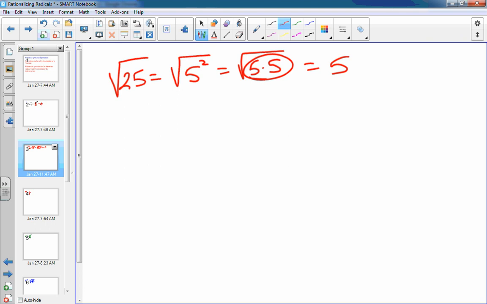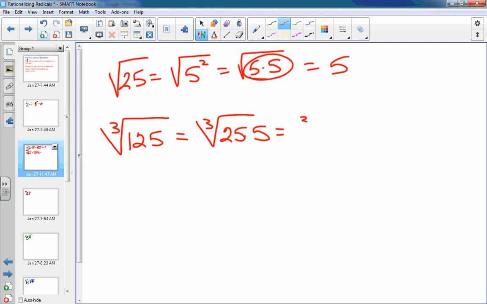Make sense? Okay. If I had the cube root of 125, that's going to be what? 25 times 5. 5 quarters makes $1.25, right? Well, that's going to be the same thing as 5 squared times 5, which is how many 5s inside there? 3.